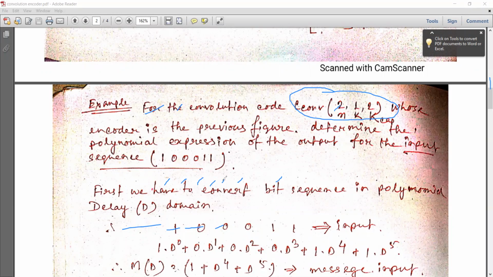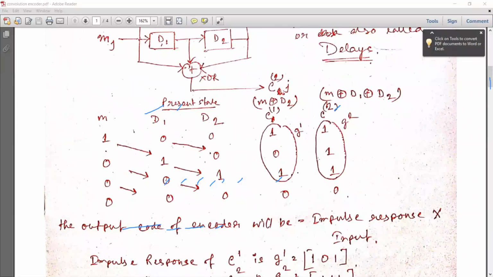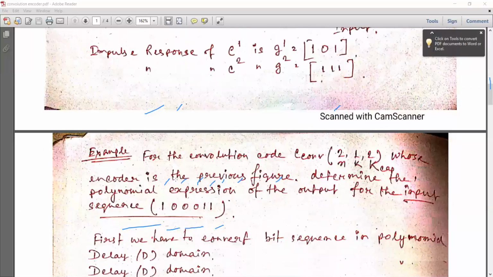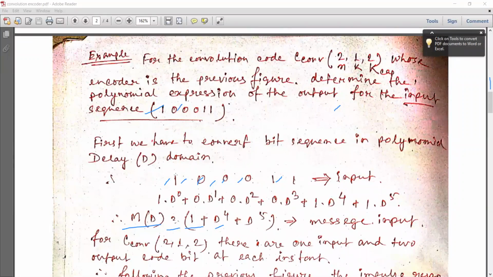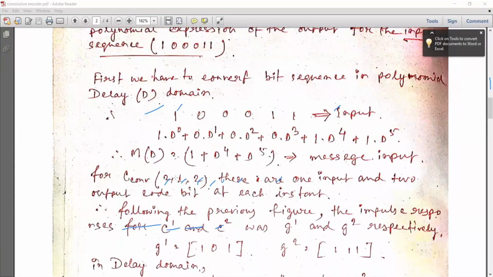You will also be given the input in a bit sequence. When it is given in a bit sequence, you have to convert it to a polynomial, and you also have to convert the impulse responses which you have generated in bit form from this table to polynomials in the D term.